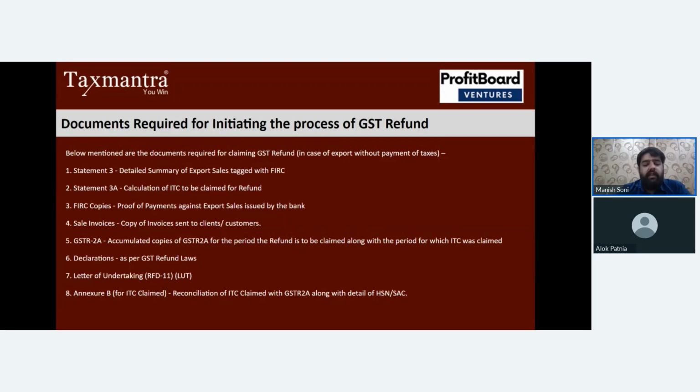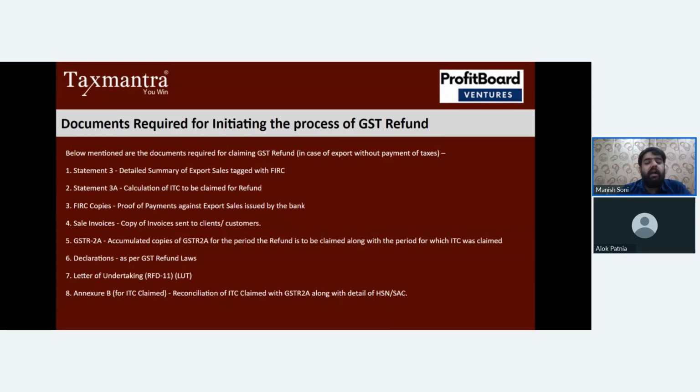Statement 3 is basically the details of all the export sales that you have done for the period of application of refund, tagged with the FIRC. The same form you need to also fill in while you create a JSON file, which I'll show you in the coming part. So while filing the return, you need to fill a form statement 3 and also you need to prepare a statement 3 form in PDF format.